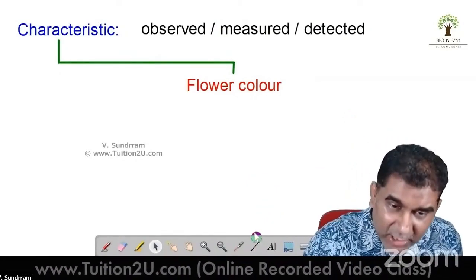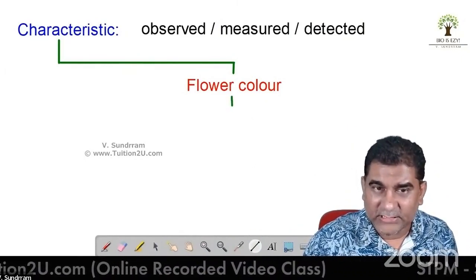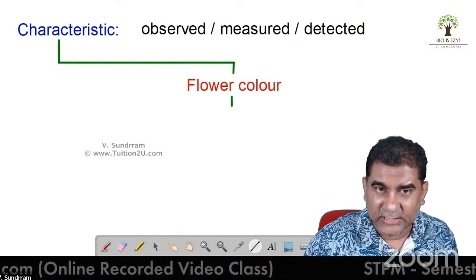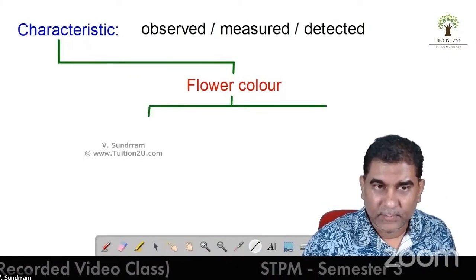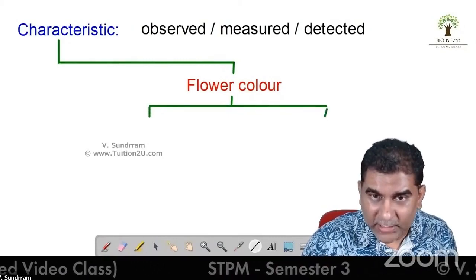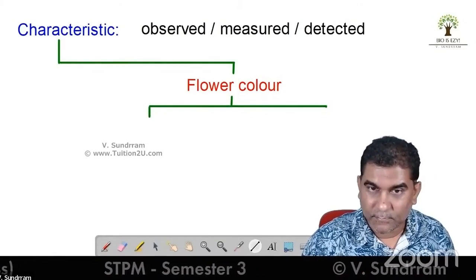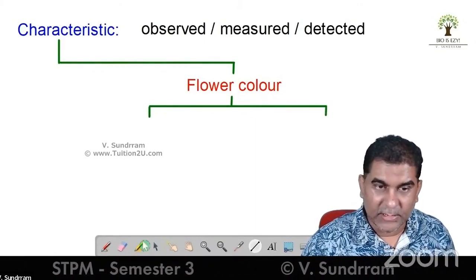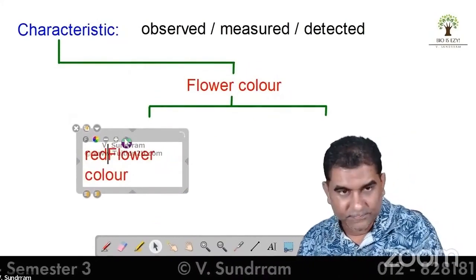Now, a certain flower naturally exists in two types. So the flower color has two types. It might be purple, it might be a red flower.